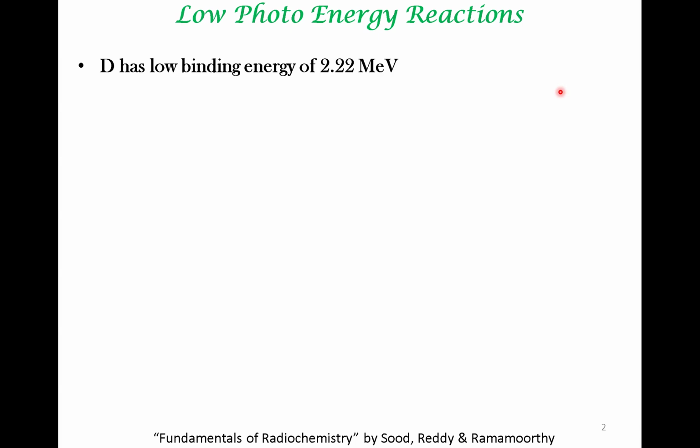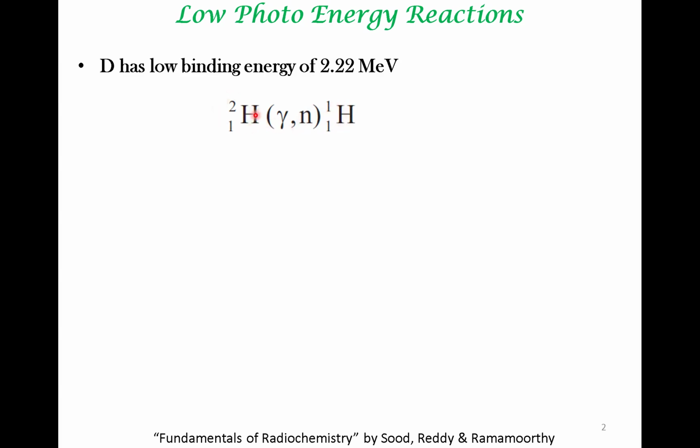This is particularly interesting. For example, if you expose low energy photon to deuterium, because deuterium has a binding energy of 2.2 MeV, if the photon has an energy more than 2.2 MeV, deuterium can disintegrate into a neutron and a proton.